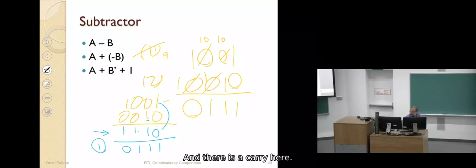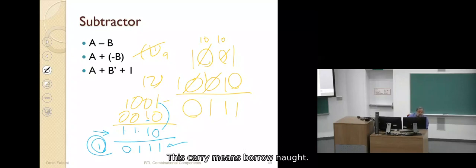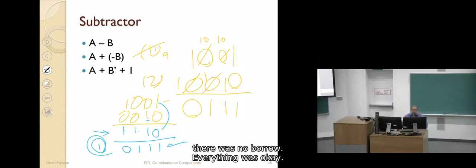Here you see we got this good result, 7. We got the result with a carry. When you are doing subtraction using addition, this carry means borrow not. If it is 1, it means that there was no borrow. So everything was okay. 9 minus 2 is 7, no borrow.